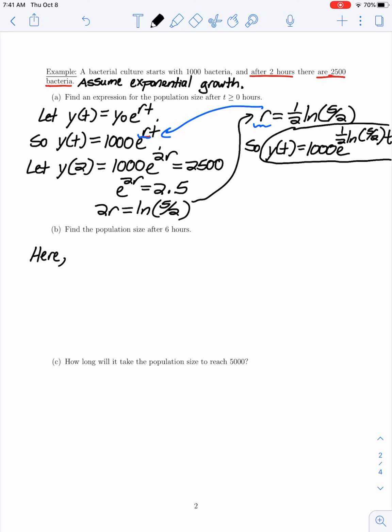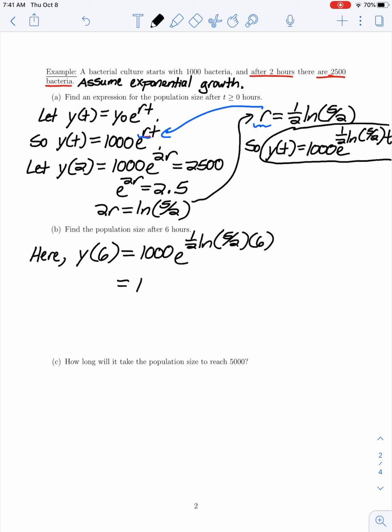So to find our population size after 6 hours, we would take the function that we just found in part A for the population size after t hours and substitute 6 in for t. So that would give us 1,000 times e to the 1/2 natural log of 5 halves times t, which is 6.